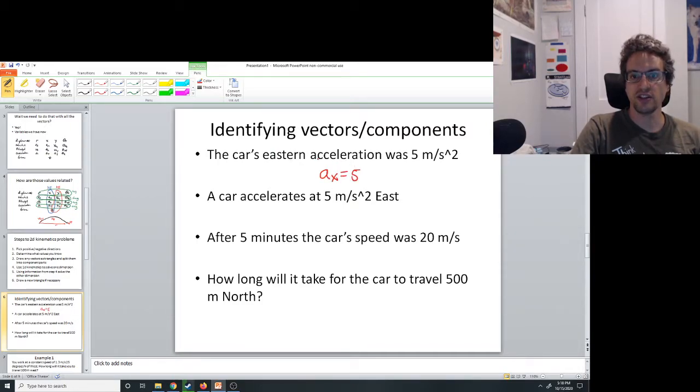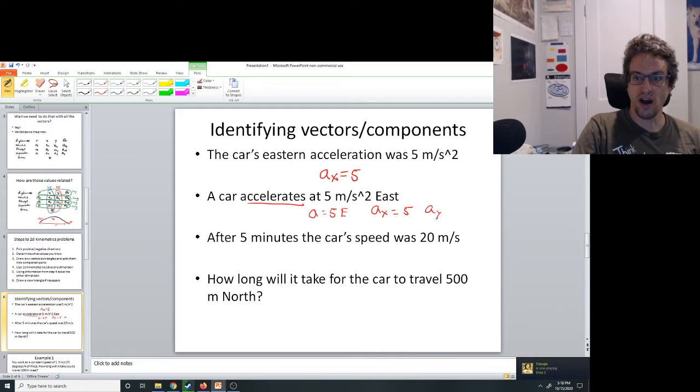The car's eastern acceleration is talking about east and west, which is usually x, and I'm telling you the east and west acceleration was 5. Here, a car's acceleration, I'm just talking about all of the acceleration. The car accelerates. I'm telling you that a is 5 east, which means that ax is 5, but ay is actually 0.